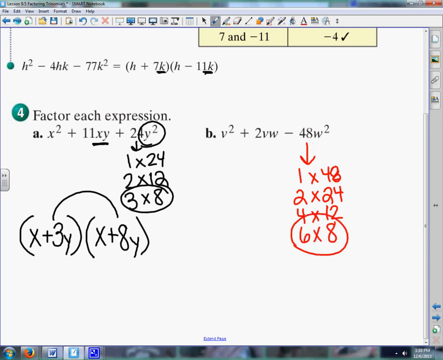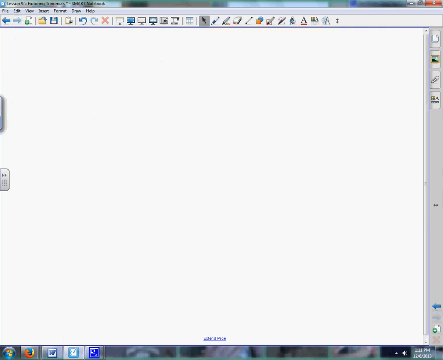So 6 times 8 is my winner. So now I'm going to have V, I'm going to have 1 plus and 1 minus. So I want a positive 2. So that means my 8 is going to be a positive and it's going to be a W after it. And then this is going to be minus 6W. All right, that's it for your notes.